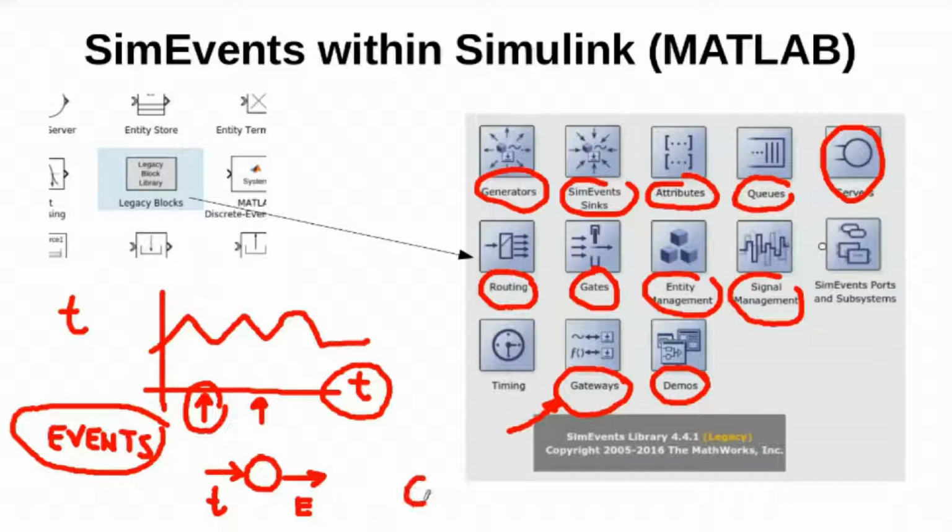We will have gateways that will turn event-based signals into timed signals, because we will be expected to connect timed simulations with event-based simulations. So this block will be very important. This sublibrary will be very important.